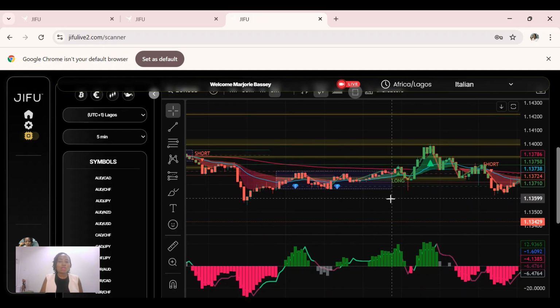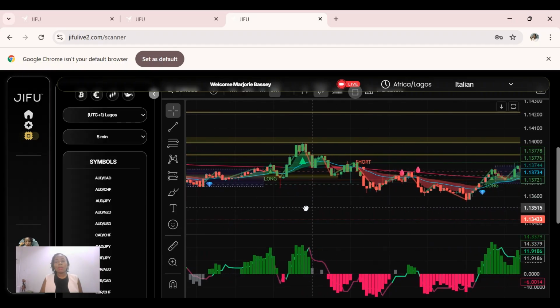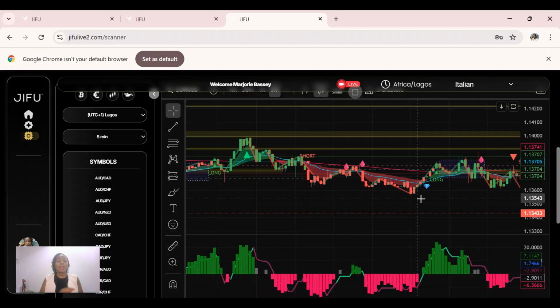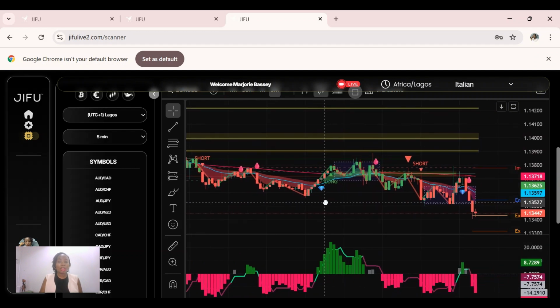It shows you that here there's no clear pattern. Was the market going up and down? No clear pattern. Whenever you see the short or long, the market trends. So you want to take your trades when the market is trending, and this is what trend wave does for you. Like now, Euro USD is selling.